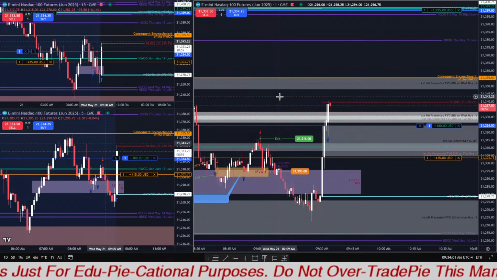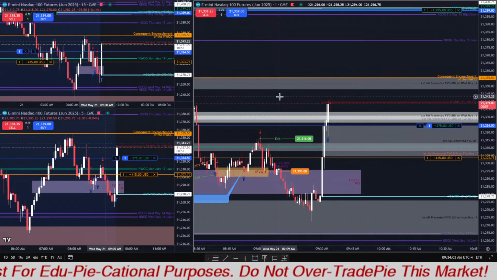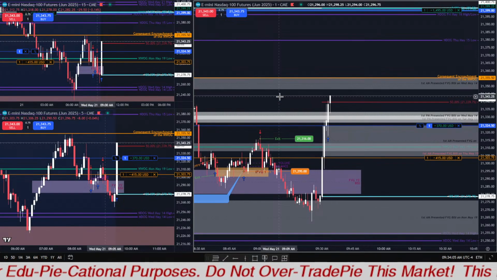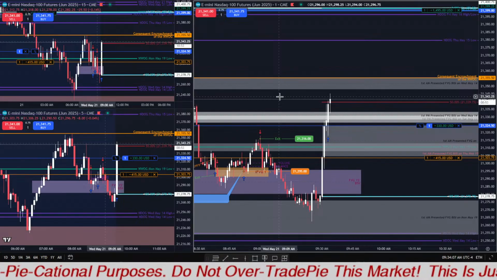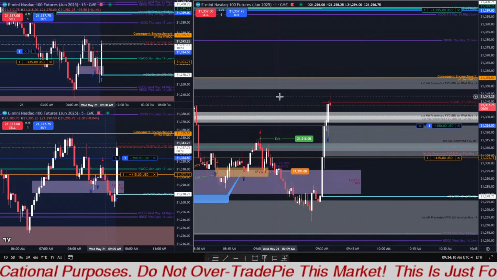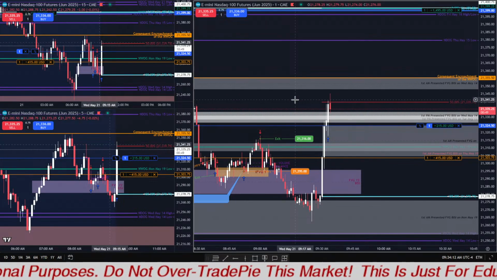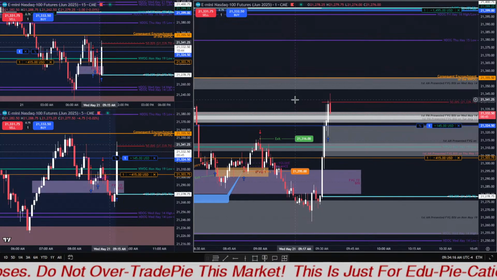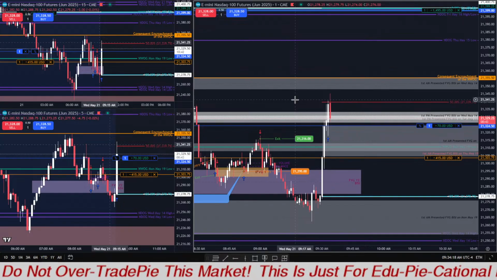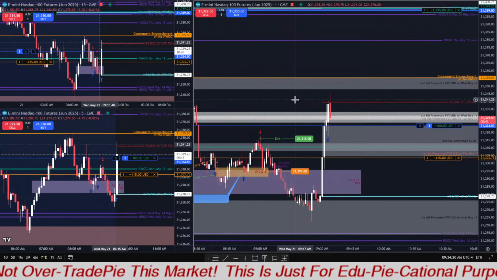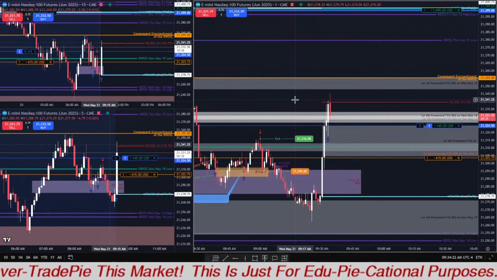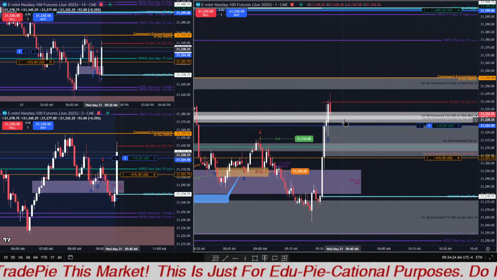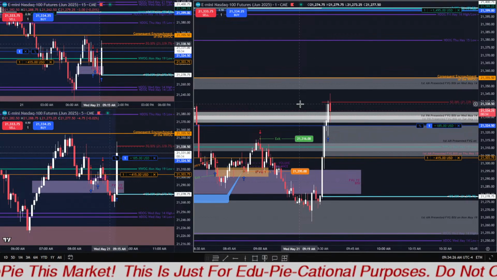We tapped into the midpoint of the opening range gap and started going higher, trading inside the inefficiencies from last Tuesday and Wednesday.